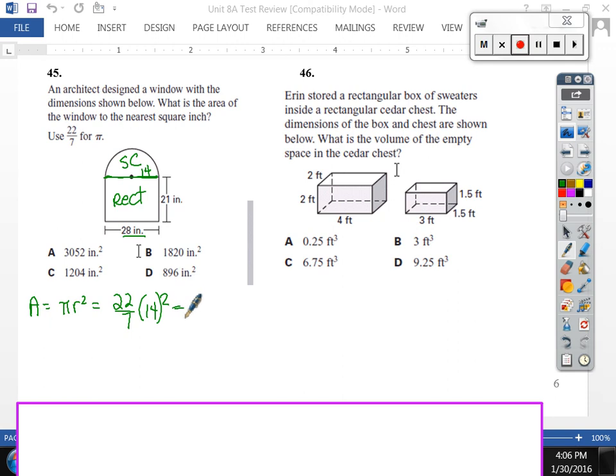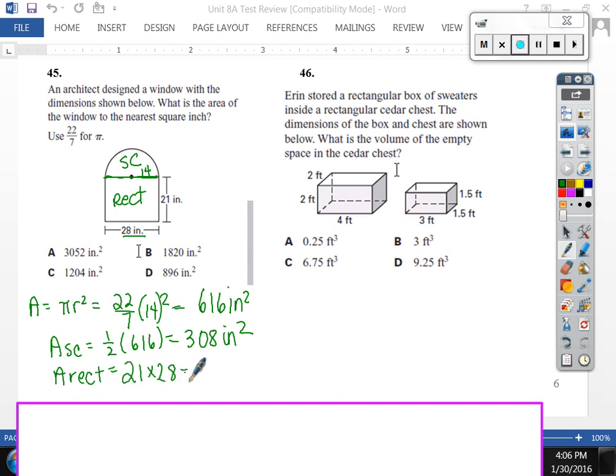So we're going to do 14 squared, and if I multiply all that out, I get 616 inches squared. But that's only half of the circle. So the area of the semicircle is 1/2 times 616, which is 308 inches squared. The area of my rectangle is 21 times 28, which is 588 inches squared. If I add those two together, I get 896 inches squared, which would be this one.